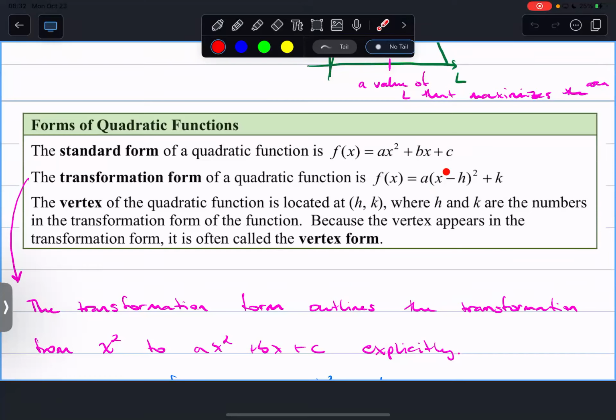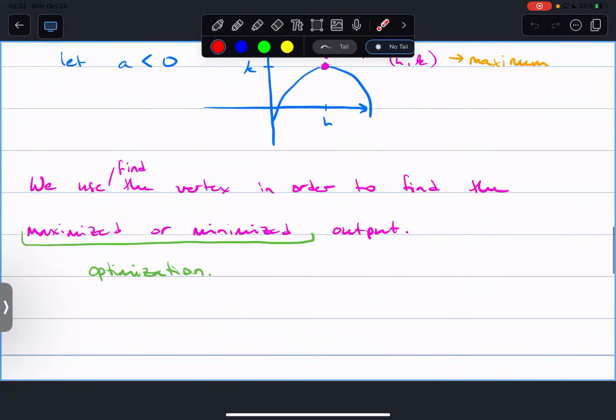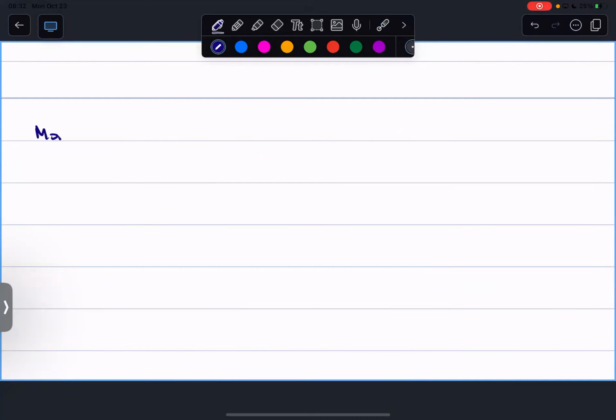Well, I think the easiest thing to do is to go from here to here and look at the relationship between the two. Okay, so here I'll start on a new page. Moving between a(x - h)^2 + k and ax^2 + bx + c.